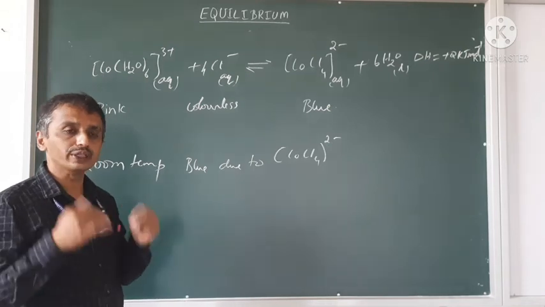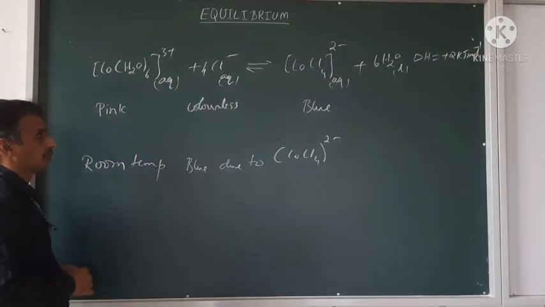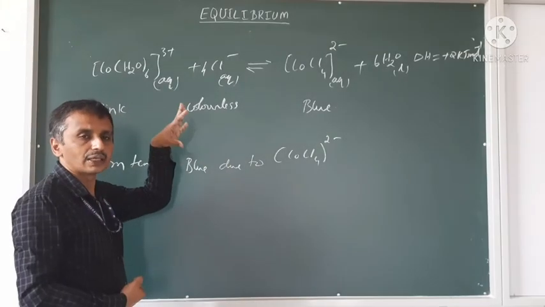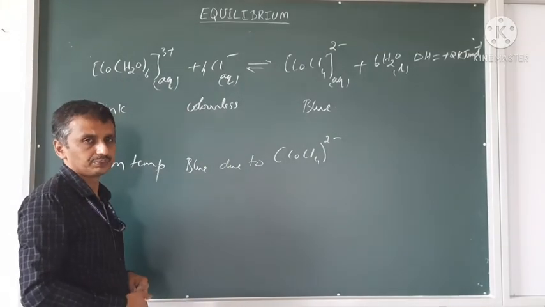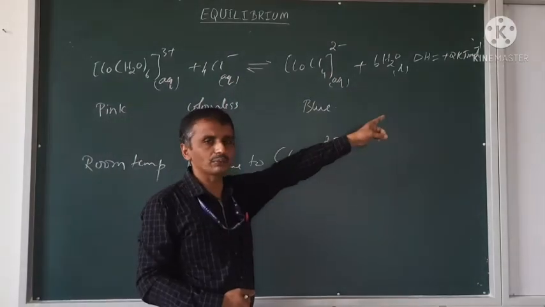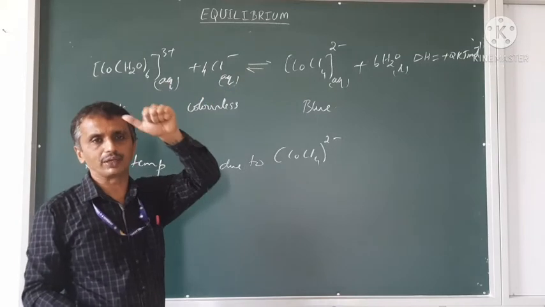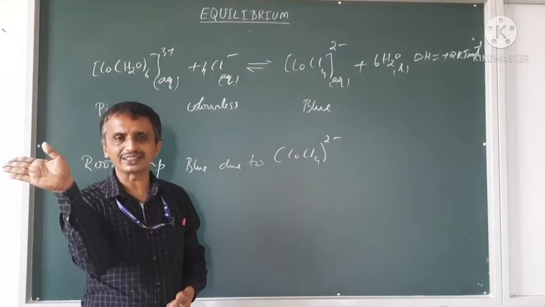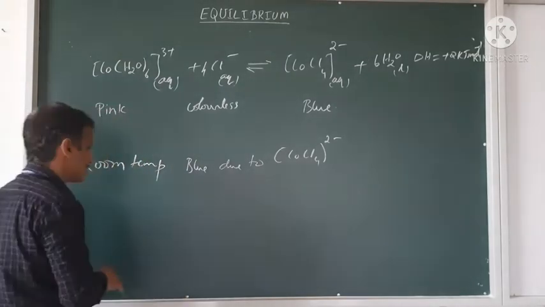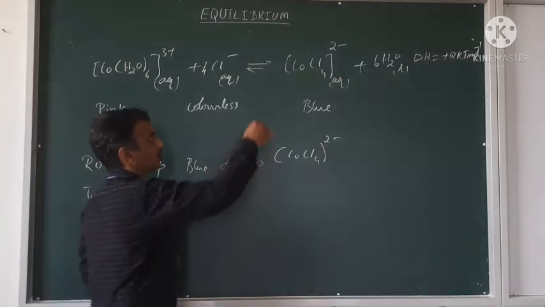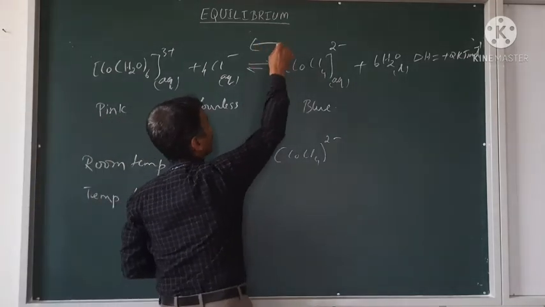And if I cool it, what will happen there? The temperature is decreasing, and the forward reaction is endothermic, the backward is exothermic. Meaning to the right is endothermic, to the left is exothermic. As the temperature decreases, the reaction shifts in the direction of left.